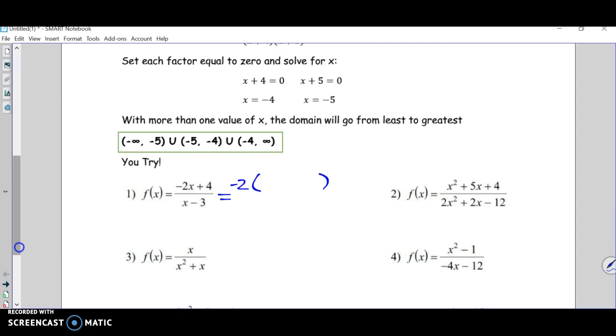What's left over if I divide by -2? Not x plus 2, it's going to be -x plus 2. You're dividing by a negative, so it's going to change your signs, right? Denominator, is it going to change? No. So it's just going to be x minus 3. So this is a pretty simple one.